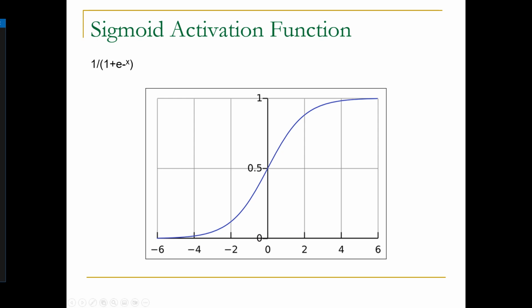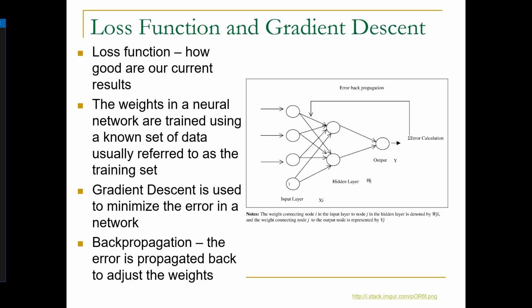Why do we care if it's differentiable? We care if it's differentiable for use with the loss function and gradient descent. So the loss function, pretty simply, remember what we're doing here. This is a supervised learning technique.